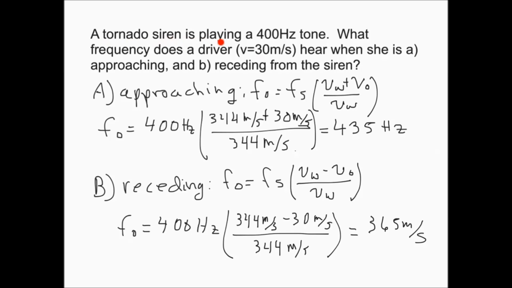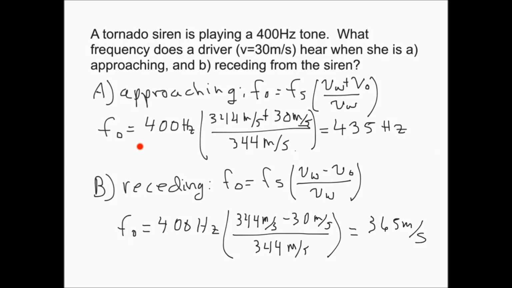A tornado siren is playing a 400 Hz tone. What frequency does a driver traveling at 30 meters per second hear when she is approaching or receding from the siren? We just grab the formulas on the previous page: for an approaching observer at a stationary source, the observed frequency is the frequency of the source times the speed of the wave plus the speed of the observer, divided by the speed of the wave.